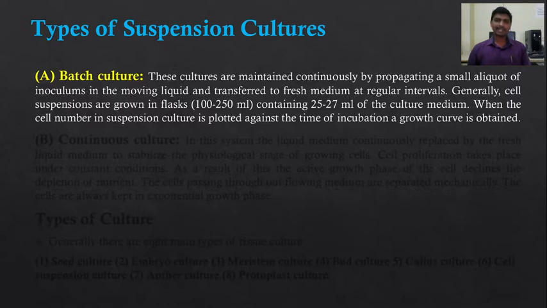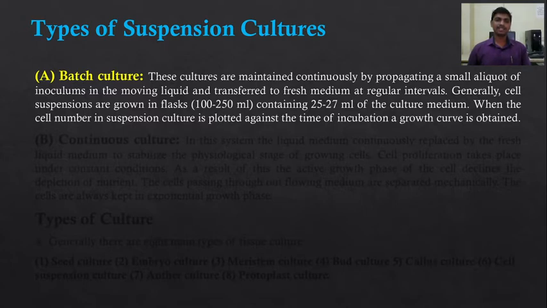As the cells grow in the liquid medium, they exhaust the nutrients present in it. So for continuous maintenance and growth of these cells, they are transferred to fresh medium at regular intervals.